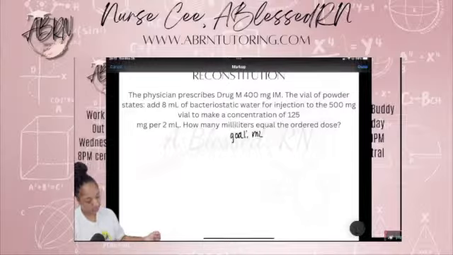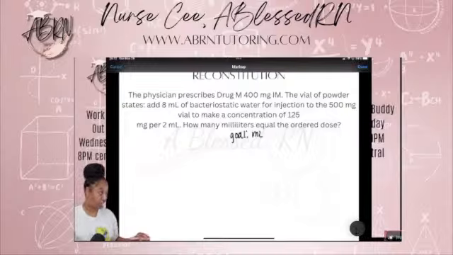Okay, so with reconstitution, what you would want to do is concentrate on the concentration, not how big the vial is, how much it's going to contain total, how much water or liquid that you add, and all this and all that. No, that doesn't matter.